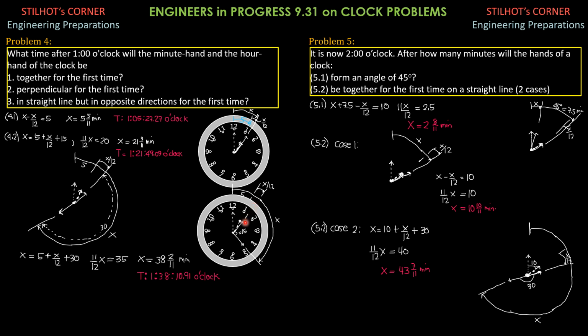Then from the final position of the hour hand to the final position of the minute hand, since that's 90 degrees, and 90 degrees corresponds to 15 minutes. So plus 15. X therefore is 5 plus x over 12 plus 15. So 11 over 12 x is 20.